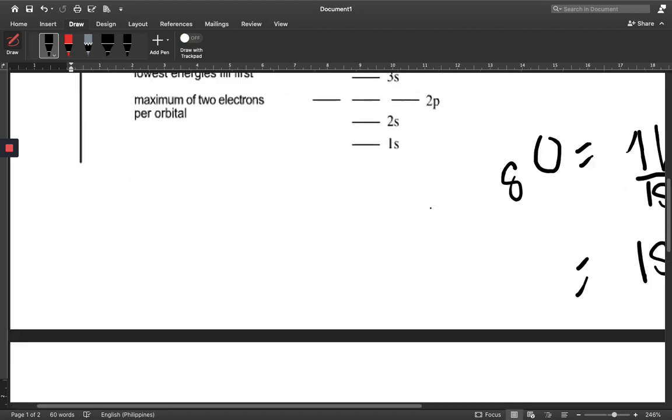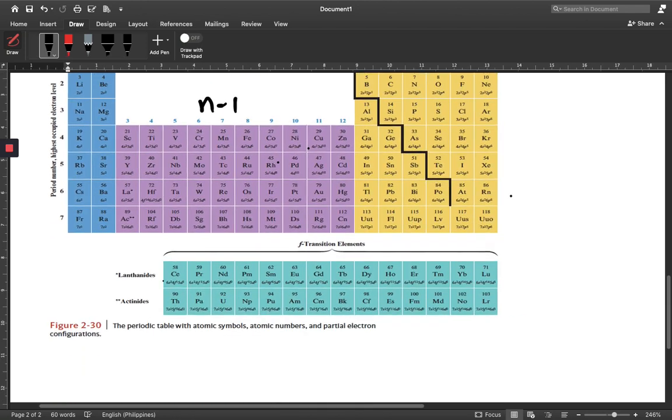In the same manner, once you reach the F block, right after lanthanum, lanthanum and actinium are still members of the D block, and then these are now your F block or F transition elements. So whenever you have finished lanthanum already, just remember that when you reach the F block, then you subtract from the energy level n minus 2.